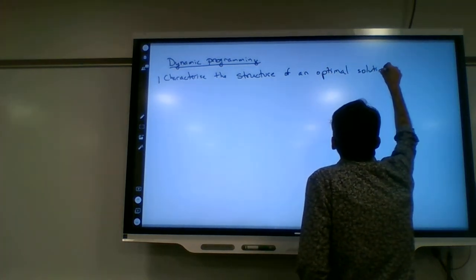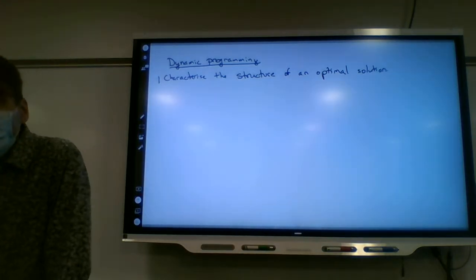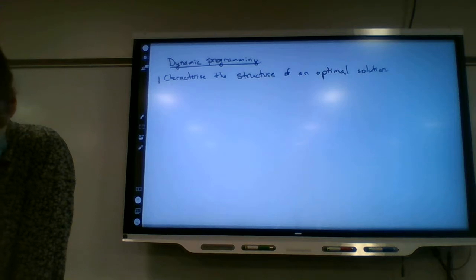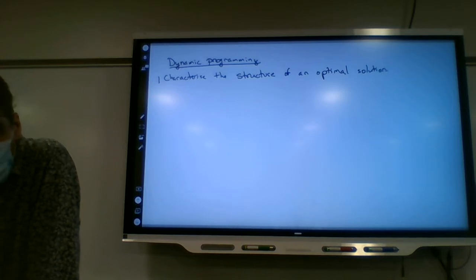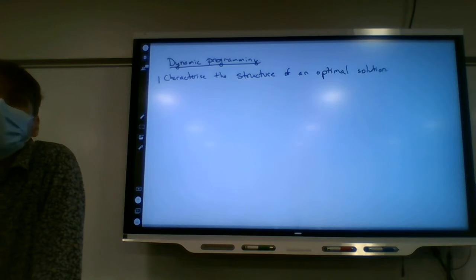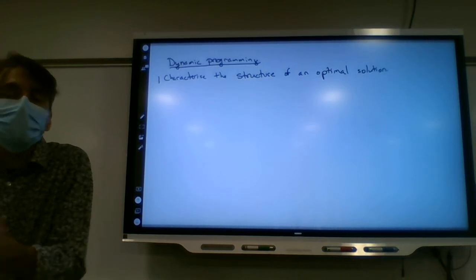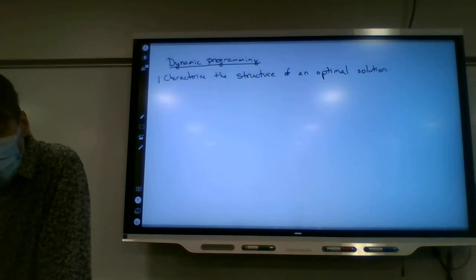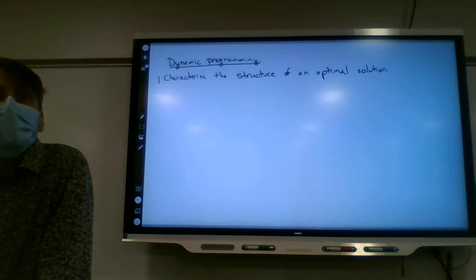The first step is being able to say what the kind of answer we're looking for even looks like. We're usually going to use this kind of approach to solve optimization problems. In an optimization problem, we're trying to find the best of something, like we've been doing so far, trying to find the best solution that fits a certain criteria. But there might not be the best solution, it just might be a best solution.